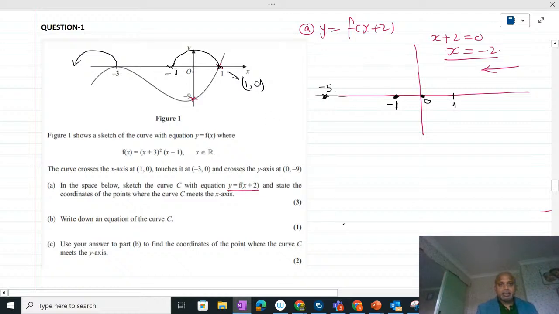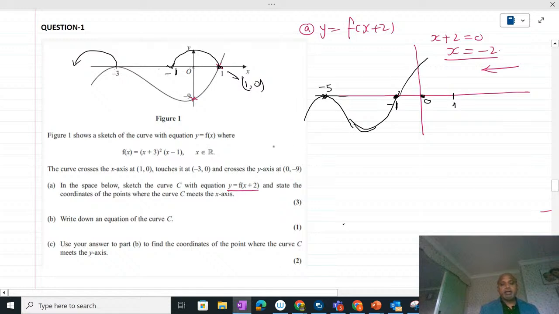And this point -3 and this (0, -9) is moving this side. So our diagram will be like this, and it is passing through -1, and it will go like this. Is that okay? So this will be your graph.